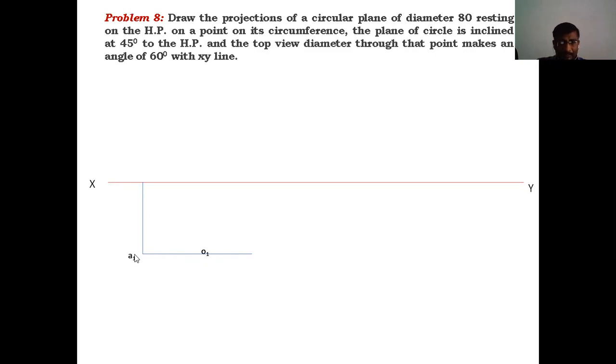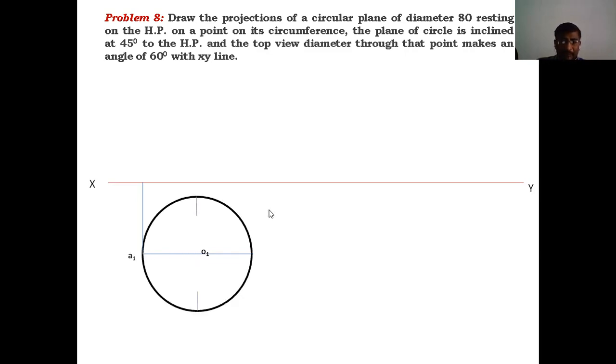And locate the center point O1 of that horizontal line, at a distance of 40 mm from A1, because the total length is 80 mm.